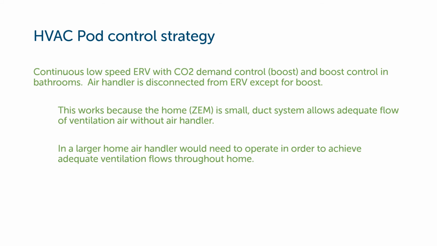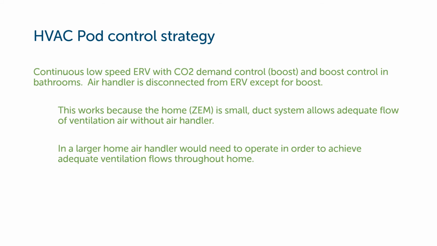There's a boost control in the bathrooms like we discussed. So for the most part, the air handler is disconnected from the ERV except for boost mode. When we have a boost from the CO2 control or from the bathroom control, the HVAC air handler interlocks with it and gives it a little bit of help.